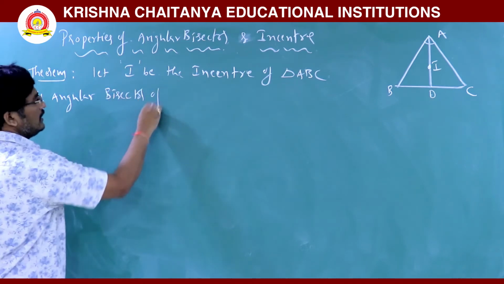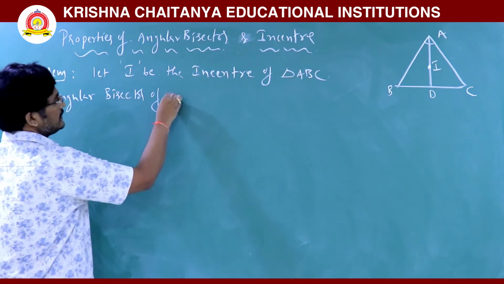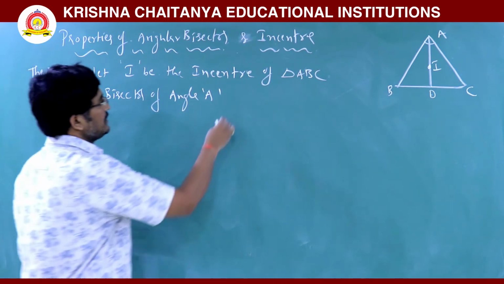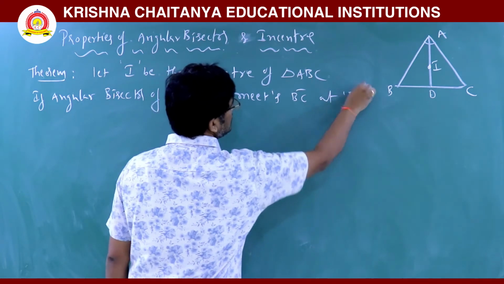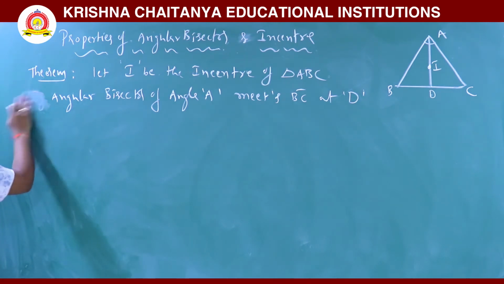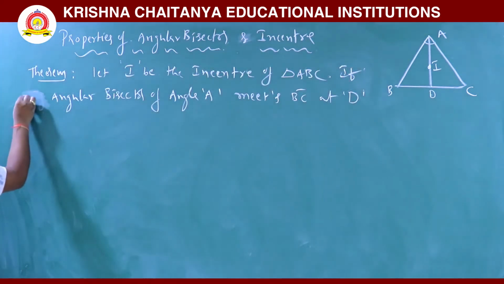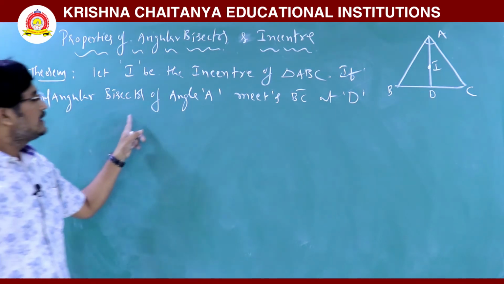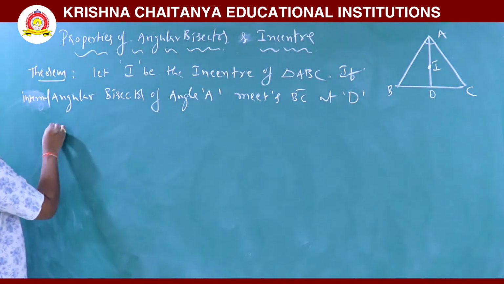If the internal angular bisector of angle A meets BC bar at D, then we have to write two properties here.